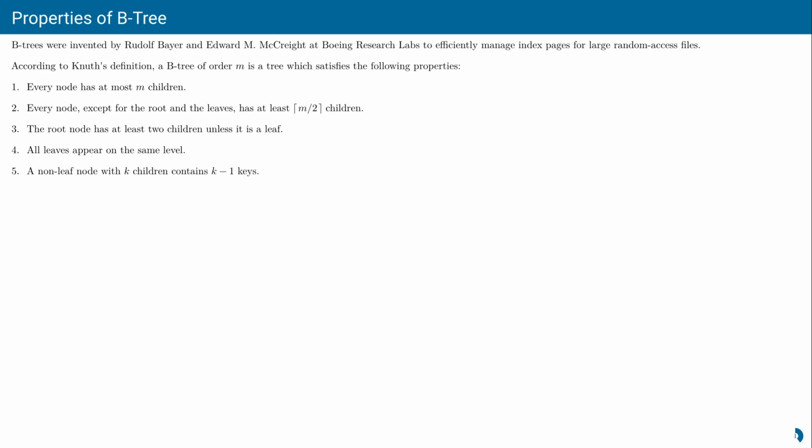First, the history is that it was invented by Rudolf Bayer and Edward McCreight at Boeing Research Labs. The objective was to manage index pages for large random access files. These days, databases use B plus tree, which is another variation of B trees, to create the index.